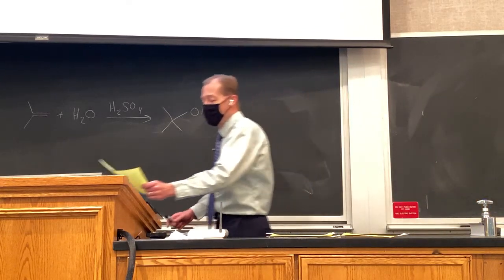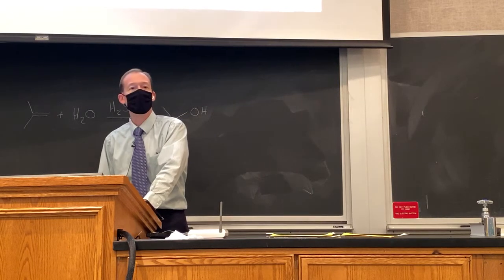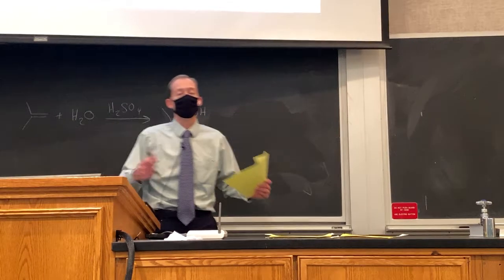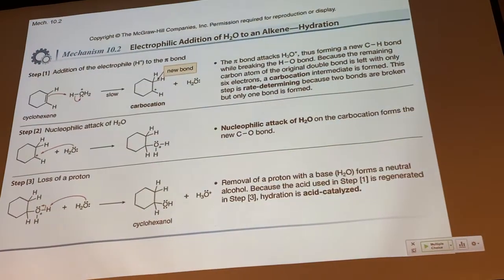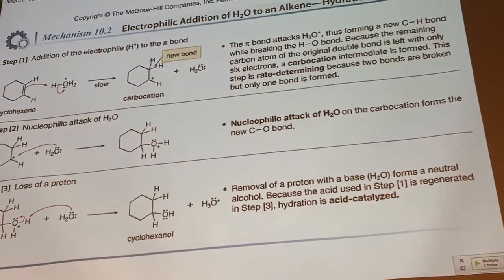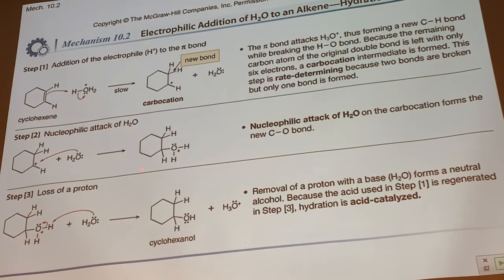Since the mechanism is very similar to the mechanism of hydrohalogenation, we're just going to look at it on the screen instead of drawing it on the board, and we'll discuss how it differs. So the first step is the same. We're going to protonate our alkene. Our nucleophilic alkene attacks our electrophilic acid, and that forms our carbocation.